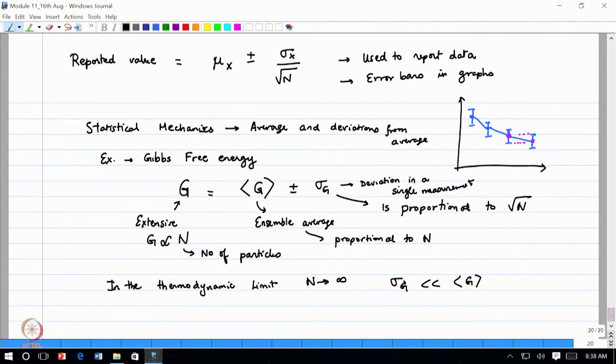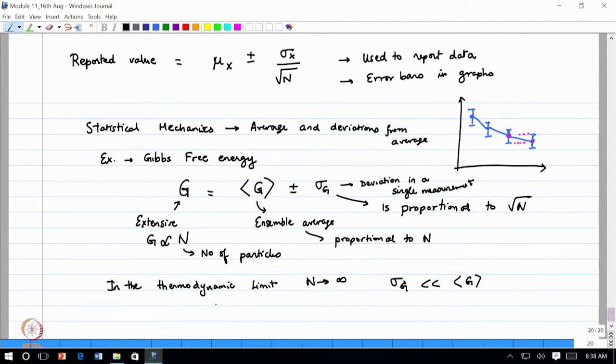Sigma G becomes much smaller, since this is only proportional to square root of n, whereas this is proportional to n. So for example, if n is 10 raised to 22, then sigma G will be of the order of 10 raised to 11, which is much smaller than 10 raised to 23.